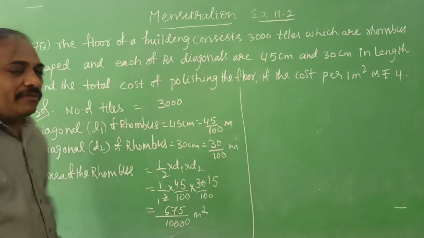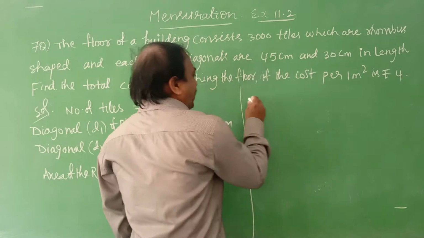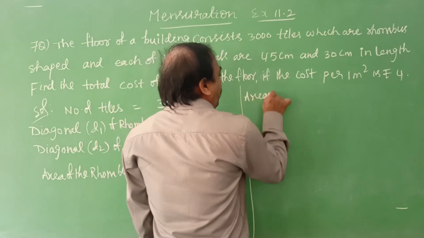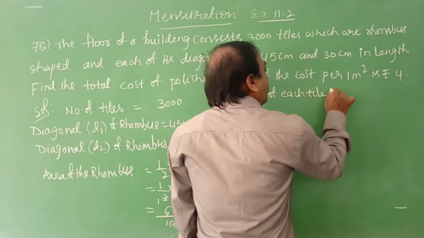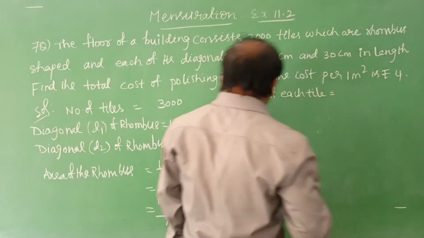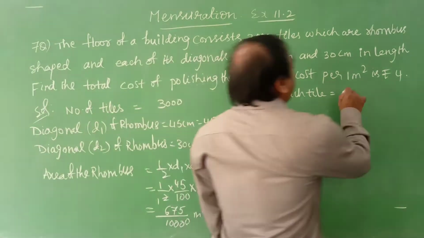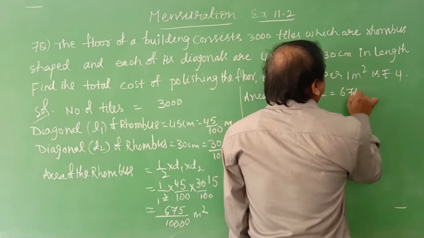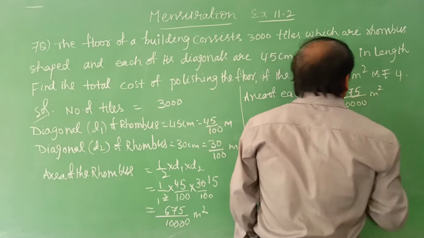This is the area of the rhombus, the area of one tile. That is, area of each tile is 675 by 10,000 meter square.